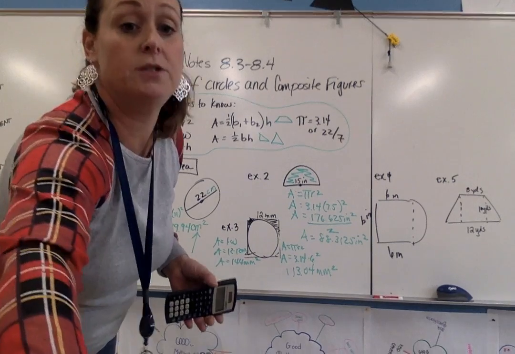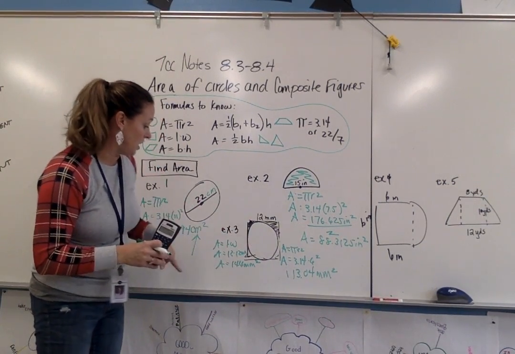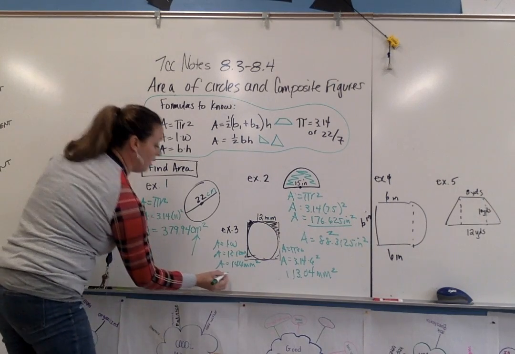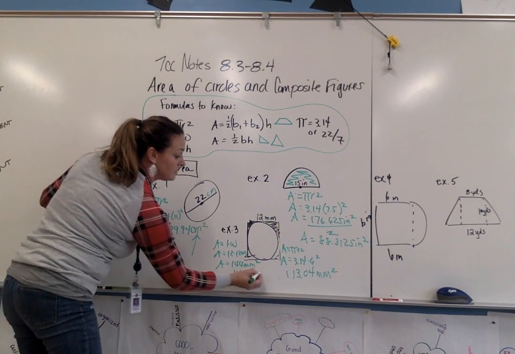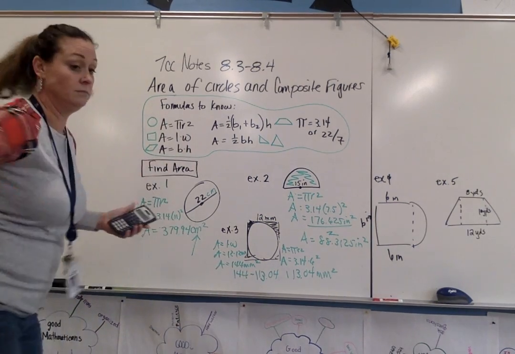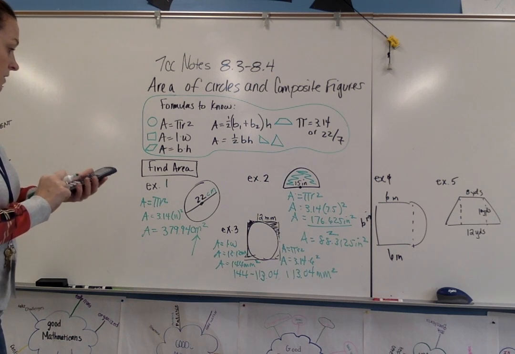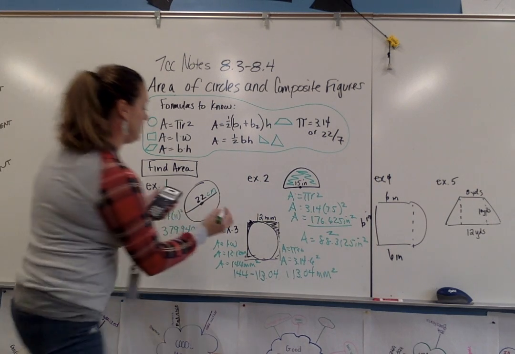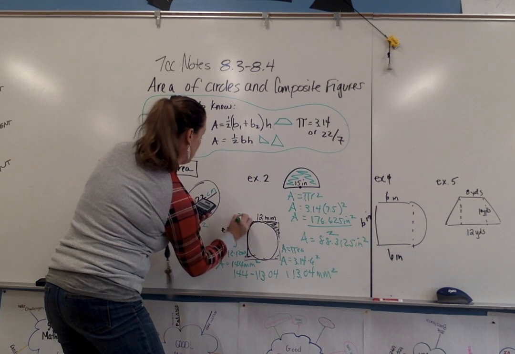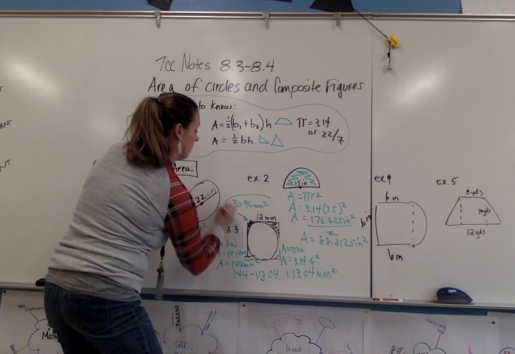Therefore, I need to subtract the 2 because I just want to know the shaded parts. So I take 144 minus 113.04, and I'm getting an answer of just the shaded area, 30.96 millimeters squared.